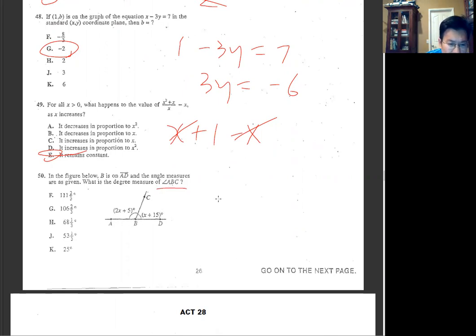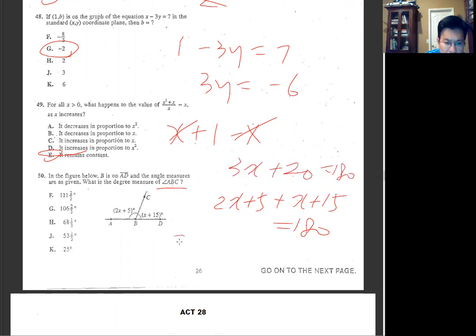So it looks like 2x plus 5 plus x plus 15 has to be 180, because this is everything. So 3x plus 20 is 180, so 3x equals 160. Right.